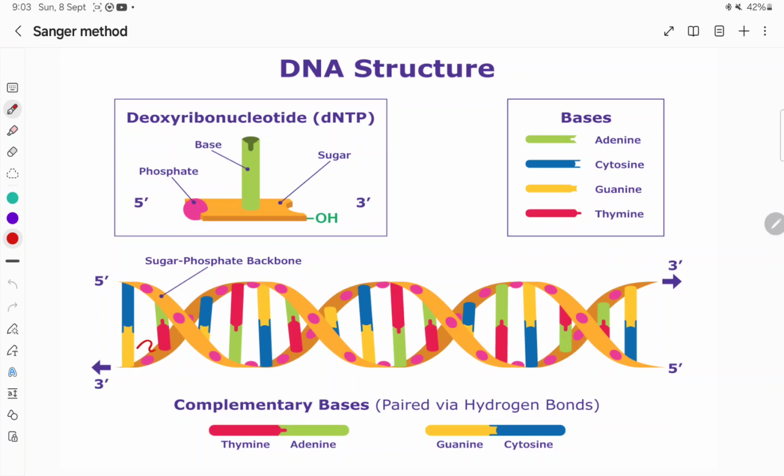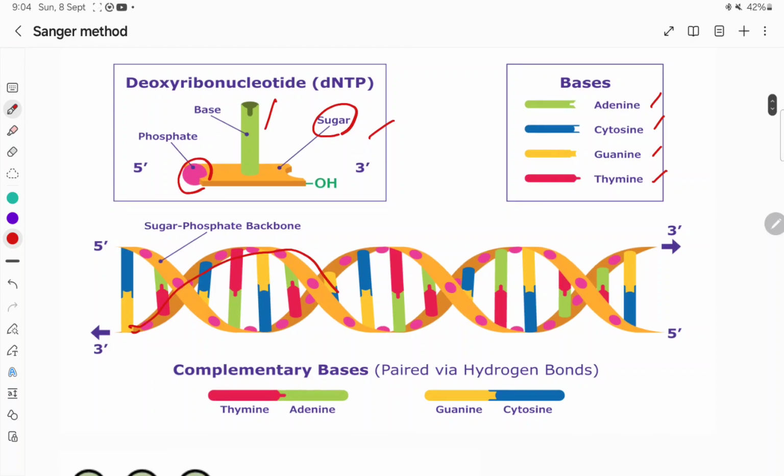With each sugar there is a base, and the bases can be adenine, cytosine, guanine and thymine. The complementarity between the bases is adenine with thymine, A and T, with a double bond, and cytosine and guanine, C and G, with a triple bond.